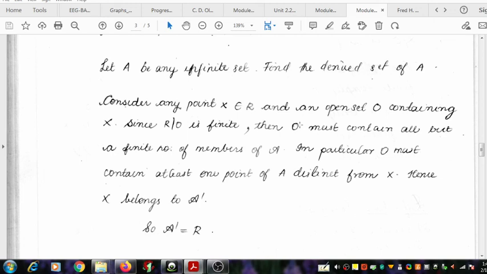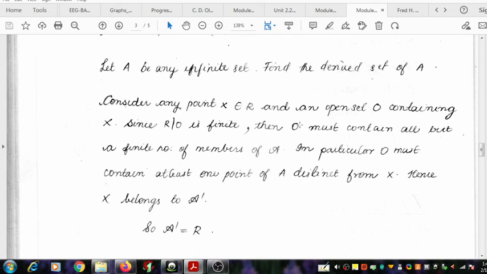Clearly, the arbitrarily chosen open set O contains infinitely many points other than x, so at least some points other than x. This fact leads to the conclusion that the element small x is a limit point of A. Therefore x must be present in the derived set of A, that is A prime.